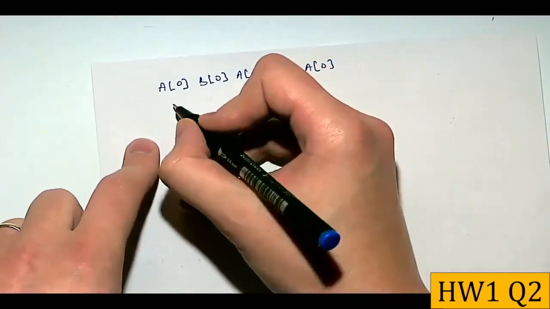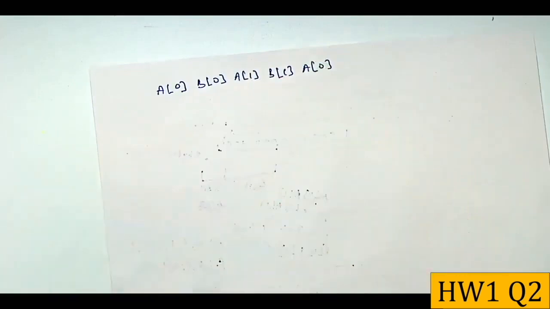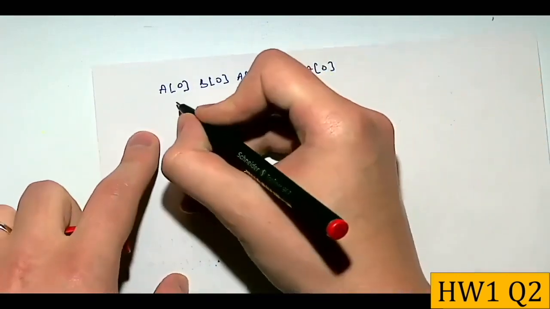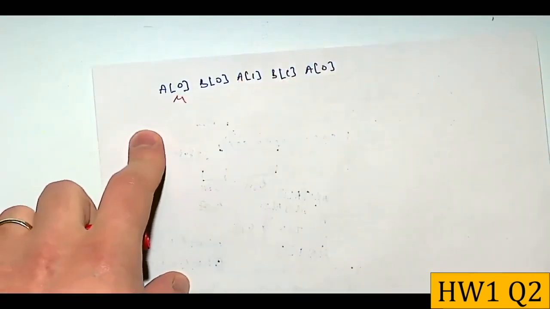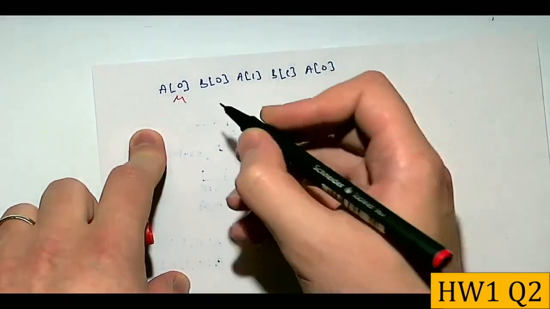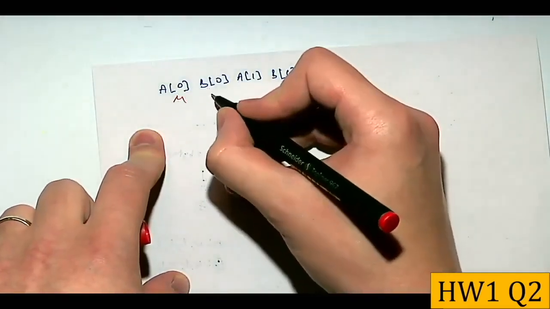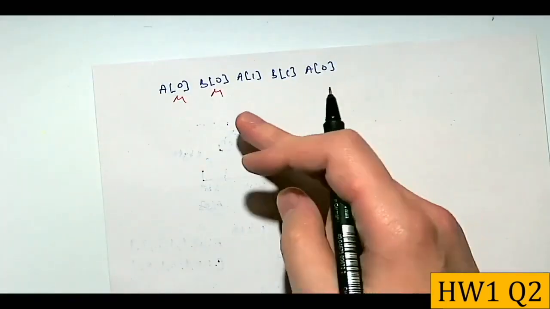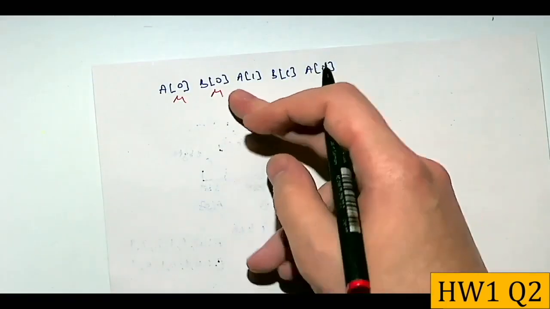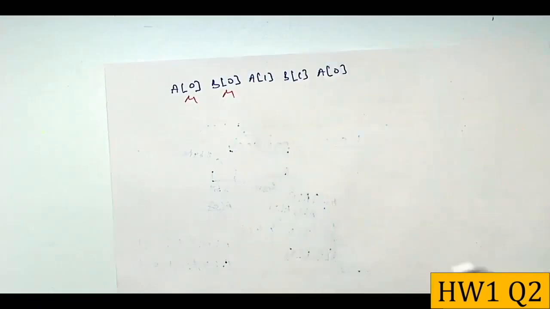So initially, the cache is empty. We'll get a cache miss. So this is a compulsory miss for A0, and then same for B0. This is the first time we access B0. But here, an important point is that when we access B0, it will evict A0 because they map to the same cache entry, right? Okay.